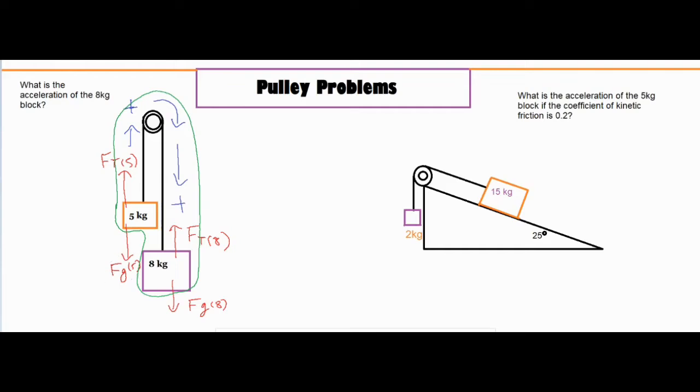Now, according to the system that I set up, this way is positive. So my FG8 is going to be positive, and anything that goes this way along the pulley is going to be negative.